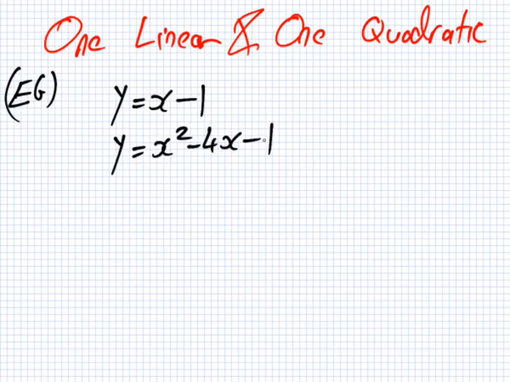So, a little bit different, we could have actually two answers, although it is still possible to have one answer, but now it's also possible to have no answers. This is quite different to the linear.